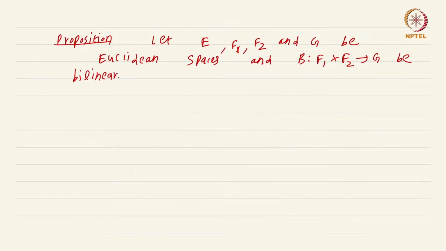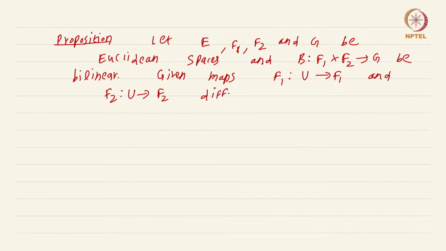Okay. Now given maps F1 from U to F1 and F2 from U to F2 differentiable at x in U, then the map B of F1y, comma F2y.